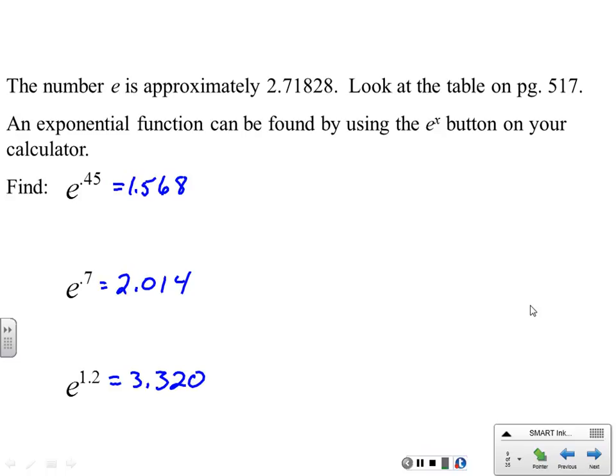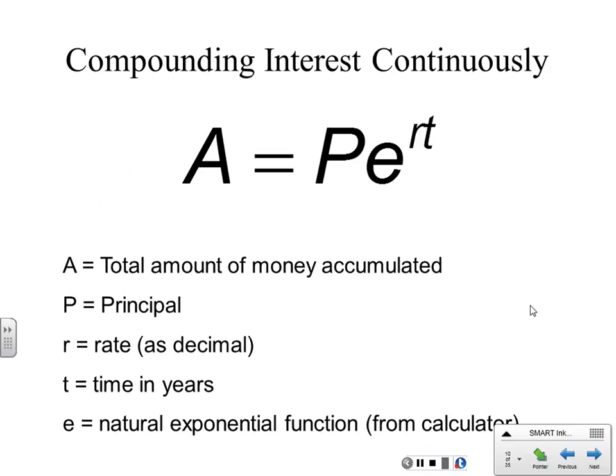Your exponential button. All right, so let's put that into a new formula. This is called the PERT formula for obvious reasons. PERT formula means we're still compounding, but we're compounding continuously. So it takes out the n factor, and we change it to the e, because it's compounding continuously over and over for the amount of time that you're investing.